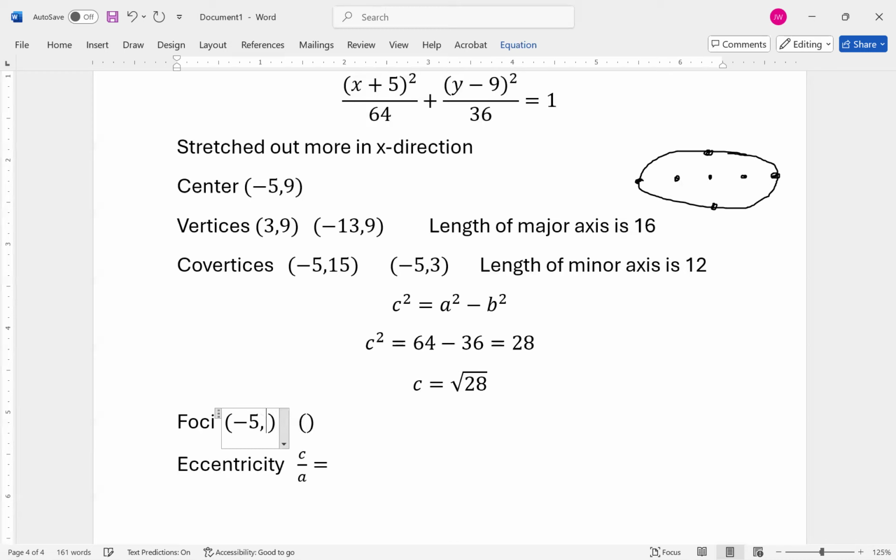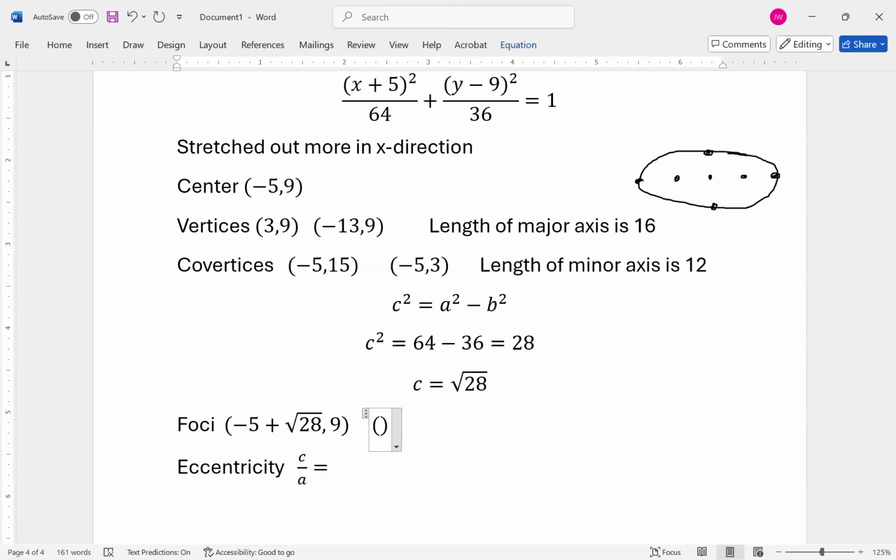And I'm going to say, therefore, since I know my foci are on the major axis, and my major axis is going in the x direction, parallel to the x-axis, we can add square root of 28 and subtract square root of 28 to the x values. Therefore, my first focus is going to be -5 plus square root of 28, comma 9.